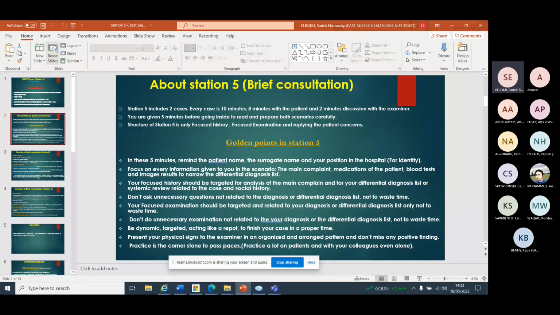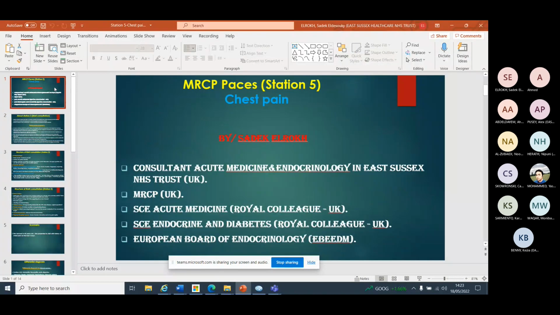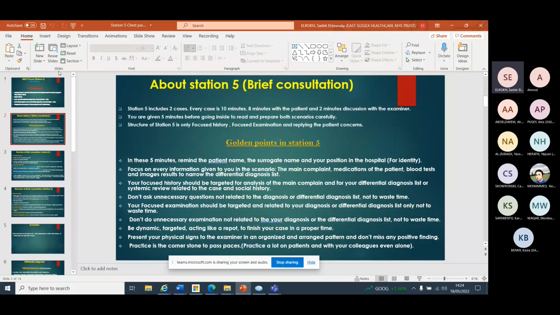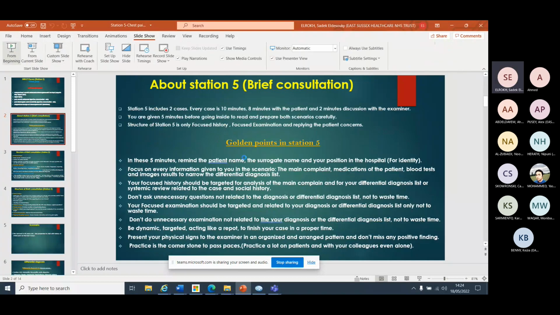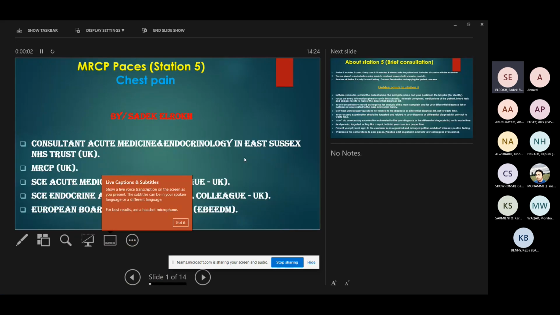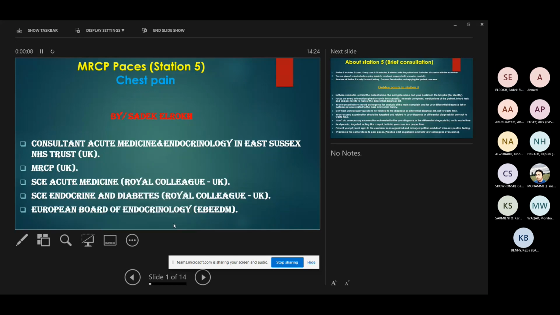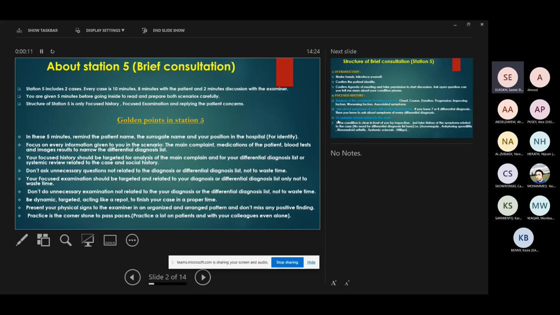So let's start from the beginning. Before every case, you will be given 5 minutes to read the scenario before going inside. You have to be very careful when you're reading the case about the information of the patient: the name of the patient, the age, the comorbidities, and your role in the exam.